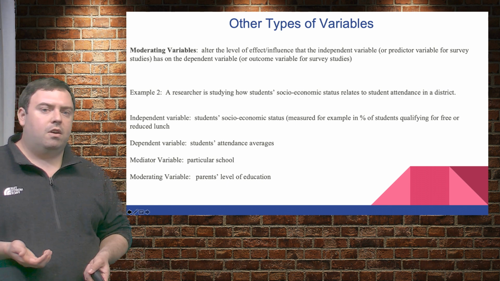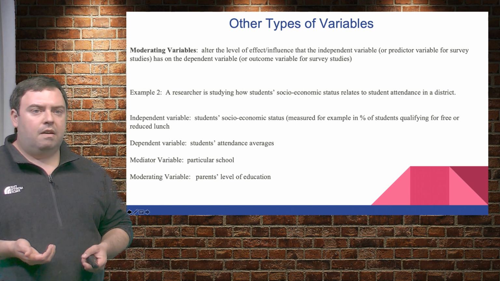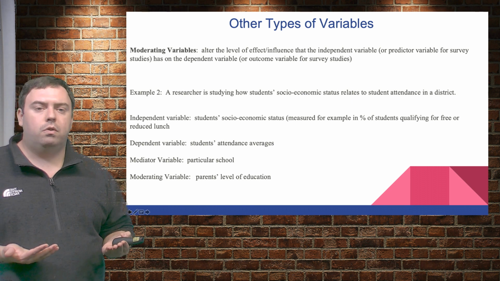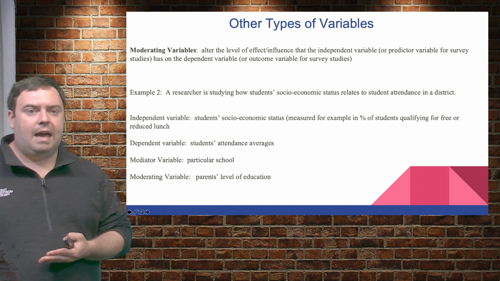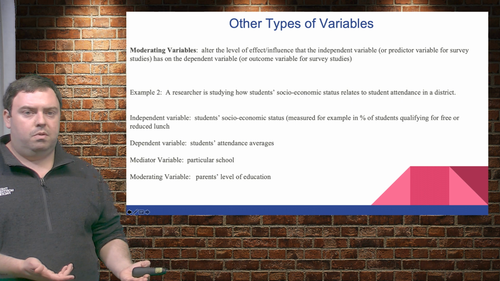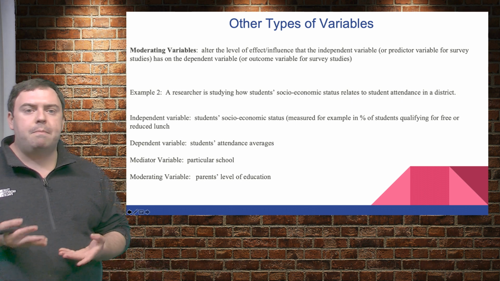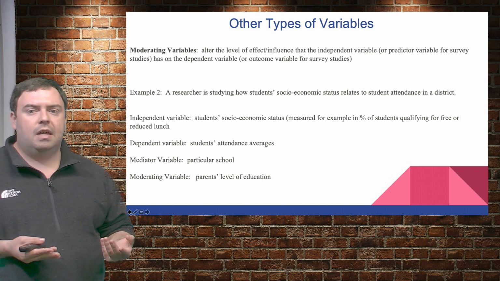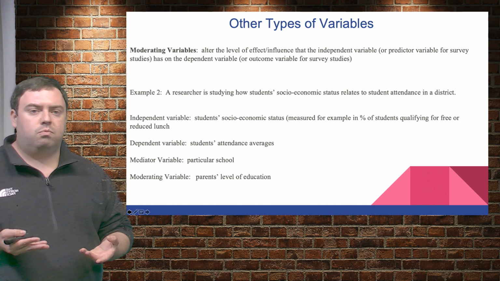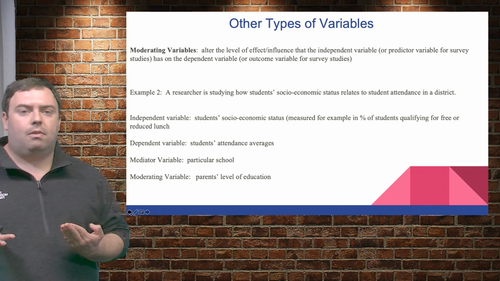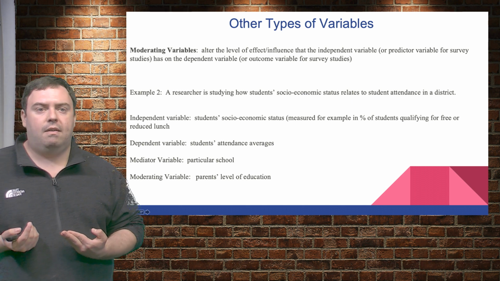But a moderating variable instead affects the strength or the level of influence that the independent variable has on the dependent variable. So it helps modify how much, what type of relationship they have, and to what effect they interact with each other, and to what strength or the amount of interaction they have.